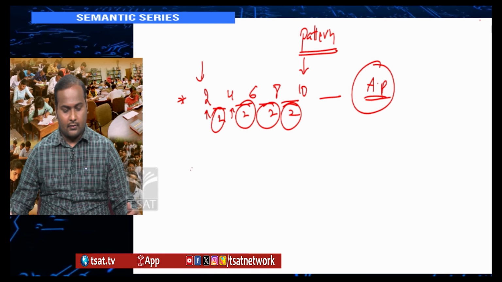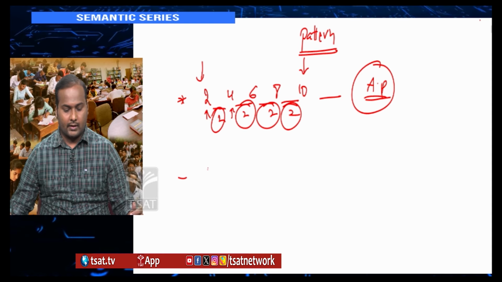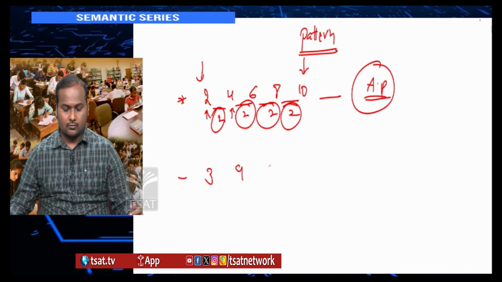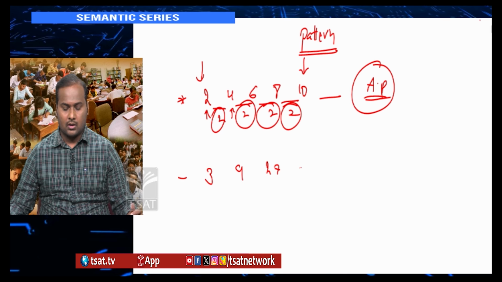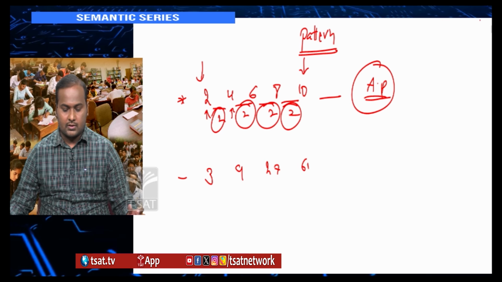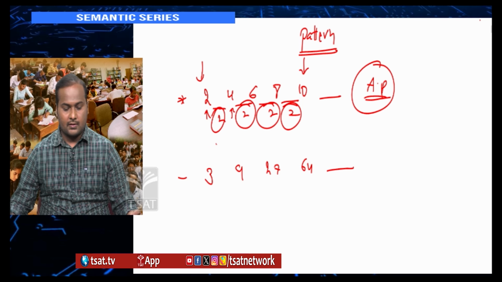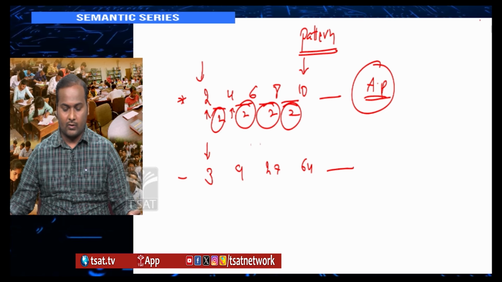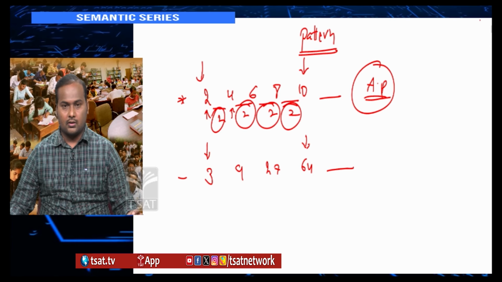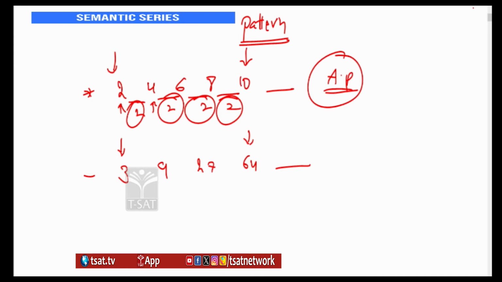For example, if some other series is like 3, 9, 27, 64, and the next one, see the first number is 3 and the last number is 64. There is a huge increase from 3 to 64. Whenever we get such a big increase, obviously it is multiplication.